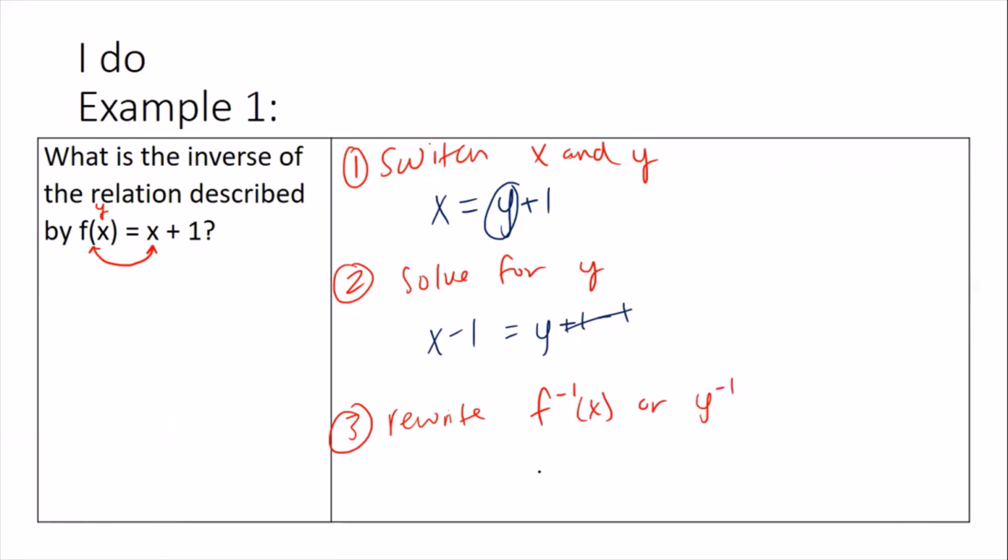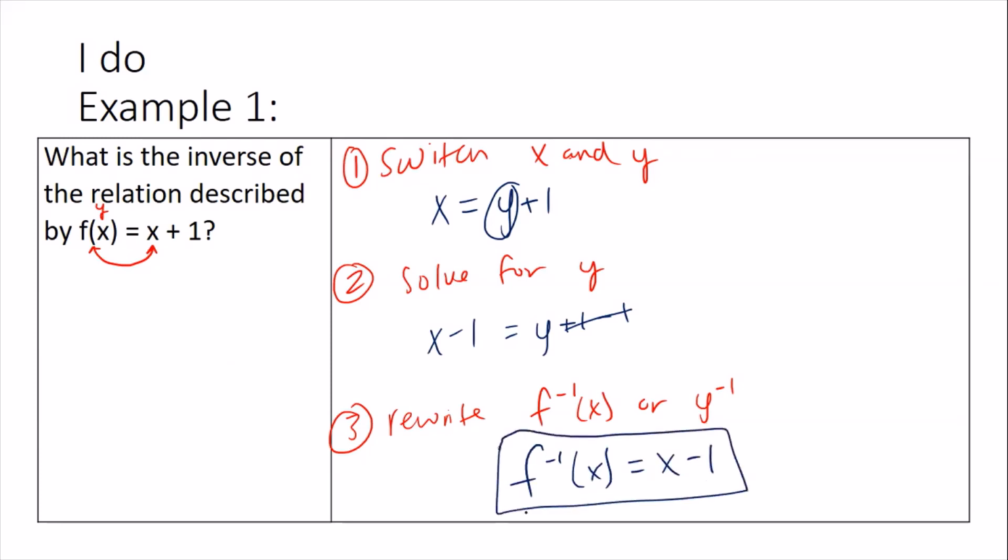So our answer here would be f inverse of x equals x minus 1. Does that seem terrible? So we switch x and y, we solve for y, we rewrite. Okay.